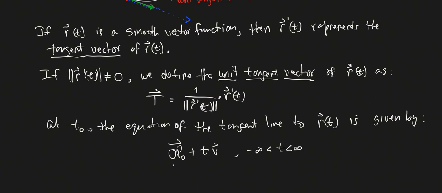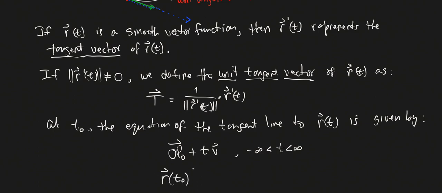Well, this position vector is precisely the way we define r of t, because remember we said r is the vector that has its initial point at the origin, and then the terminal point is a point on the curve. So if I want the point on the curve that the line passes through, all I have to do is take my original vector function r and evaluate it at t0, right?